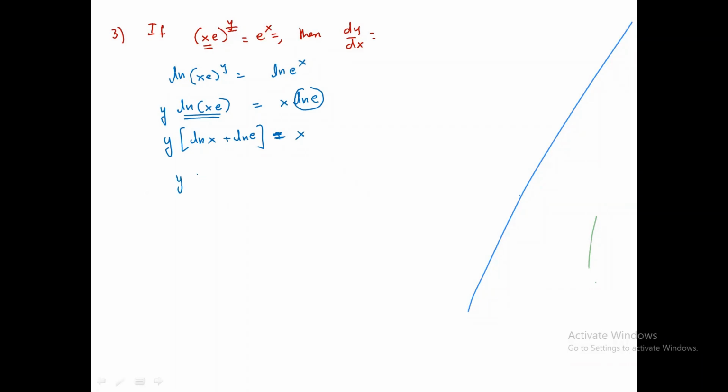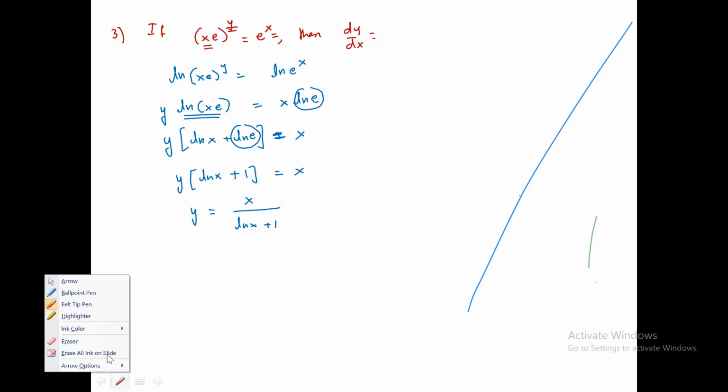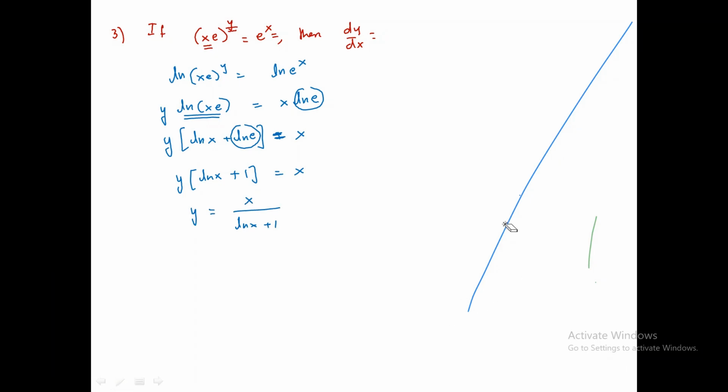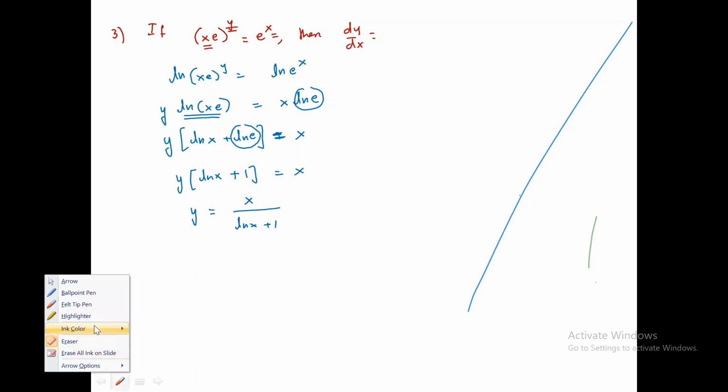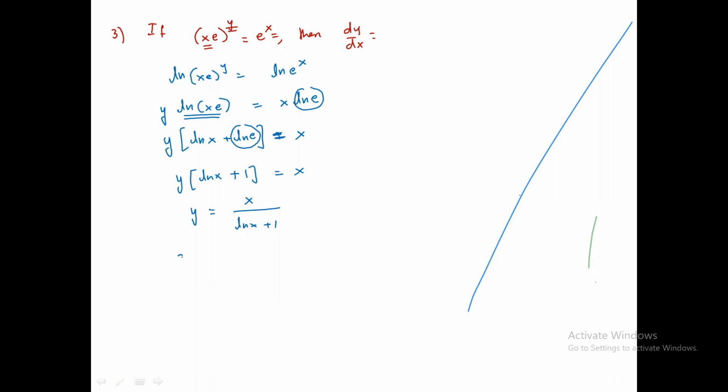Similarly, y into ln x plus ln e, which is 1, equals x. Now, why am I doing all these? Because I can isolate y. I can write y as x by ln x plus 1. So once you write this, it will be easy to find the derivative.